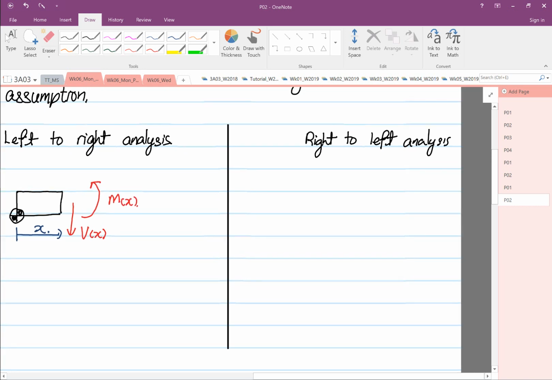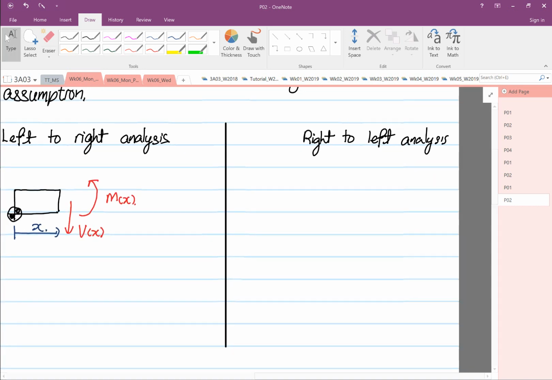Okay, so when you do right to left analysis, your geometric datum is still the same position, did not change. Now your beam, you analyze from right to left. So when there's a case, you will have to look at your slider.